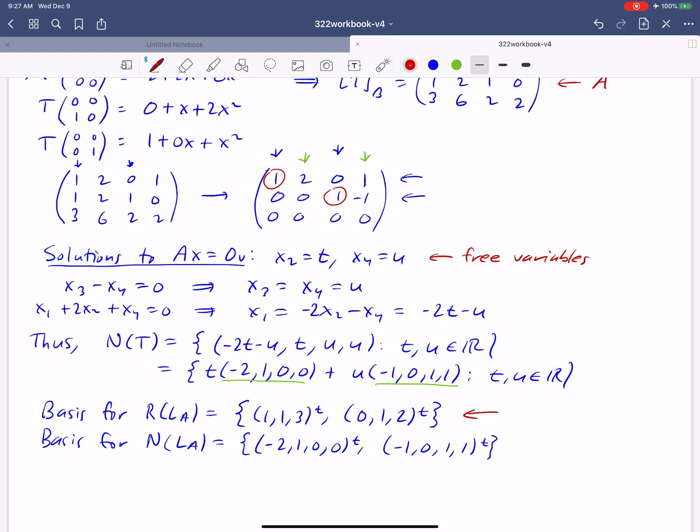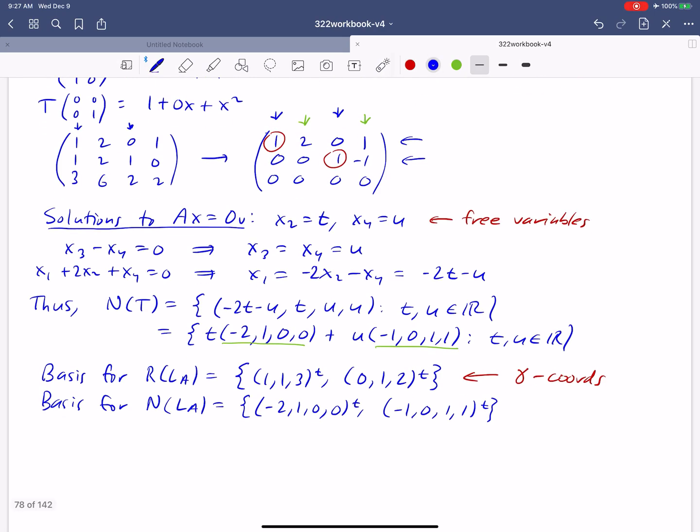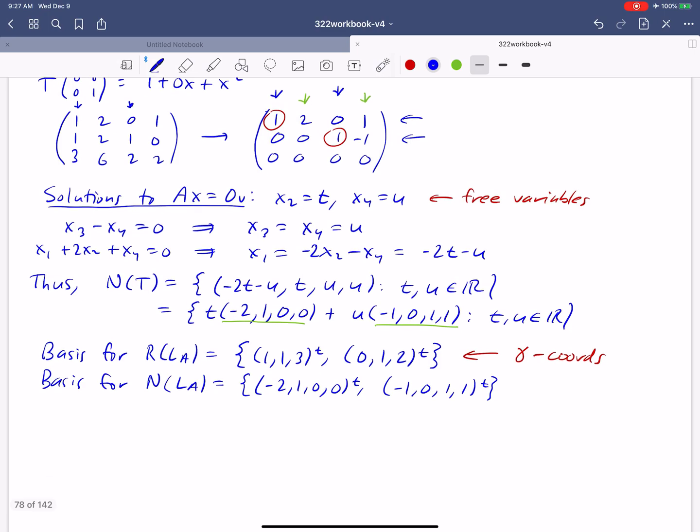If you look back up at our work, the basis for our outputs we called gamma, and so we would be interpreting those two vectors as gamma coordinate vectors. Looking at our answer, this line up here, our basis for R of L of A, should help us to find the basis for the range of T. Let's do this one at a time, starting with 1, 1, 3.